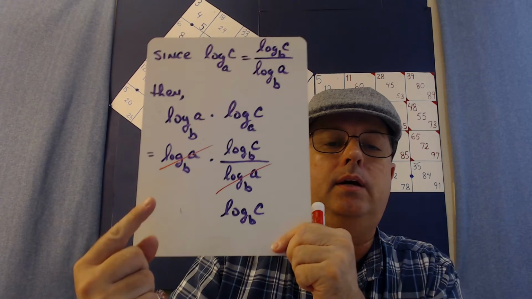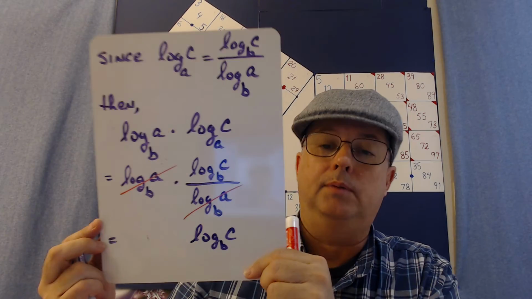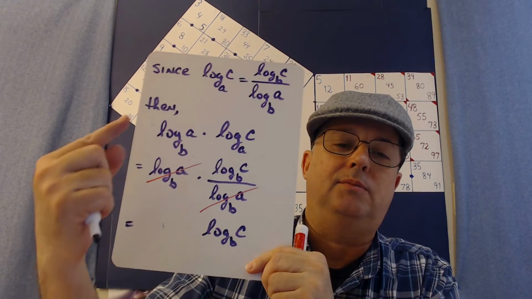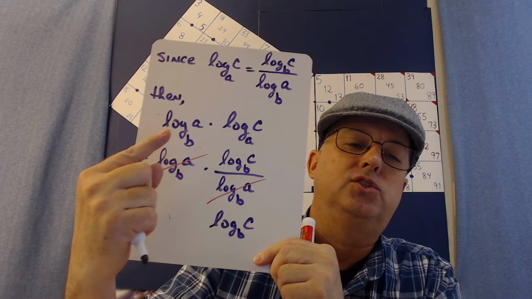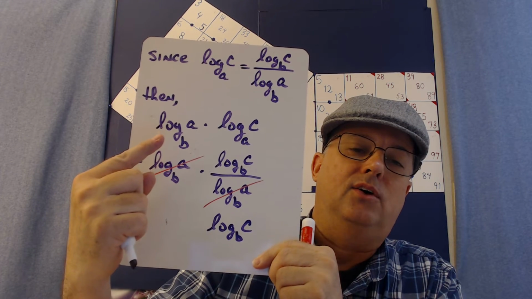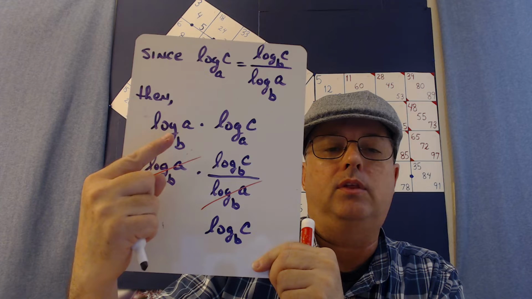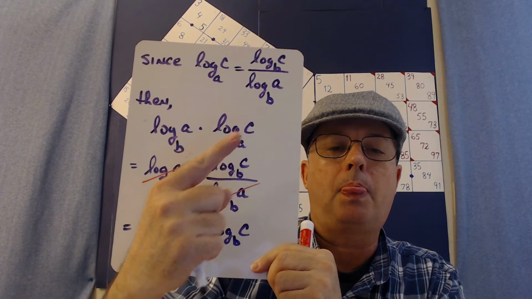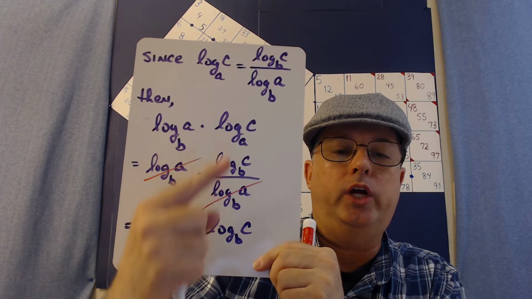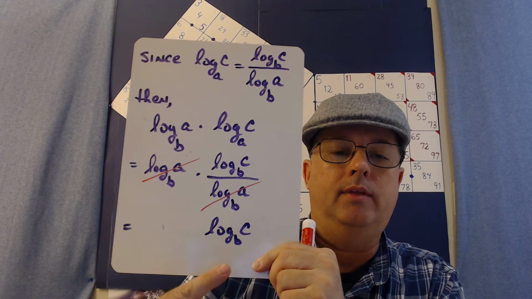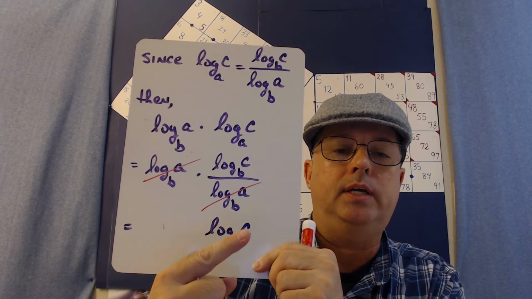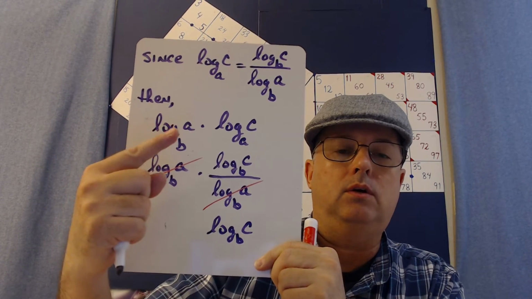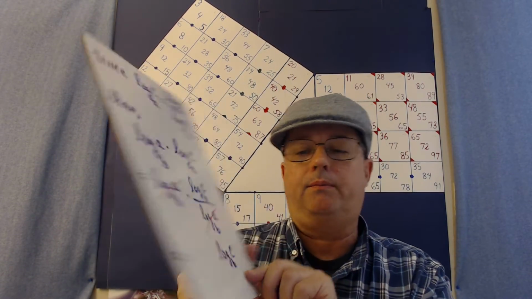Okay, so check this out. That's the name of this channel, right? Check this out, mathematics. So I had started off with the log base B of A times the log base A of C, and I changed the base, and then I just had log base B of C. So let's write this out as one statement here.